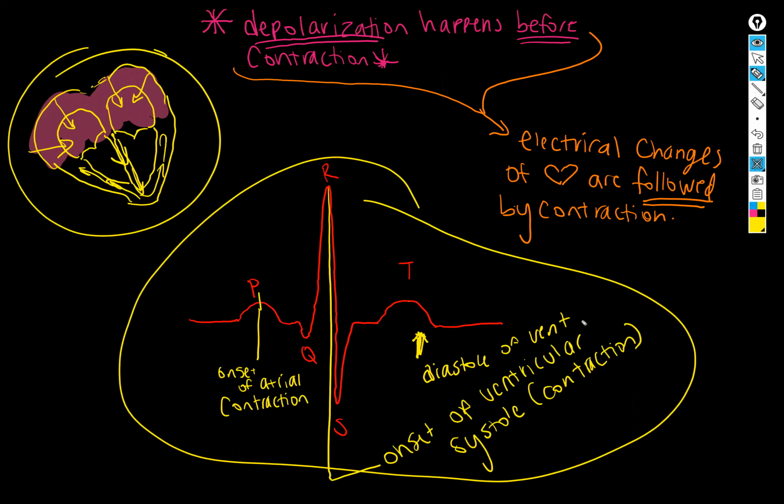Oh, okay. Oh, that's why it's an atrial diastole. Okay. So I have a wave for atrial depolarization. I've got a wave for ventricular depolarization. And I've got a wave for ventricular repolarization. So what's missing from this picture? Is it the QRS? No, I have that. That's seen here.